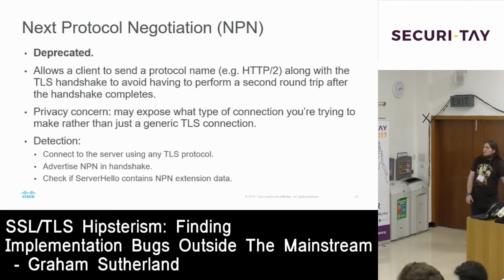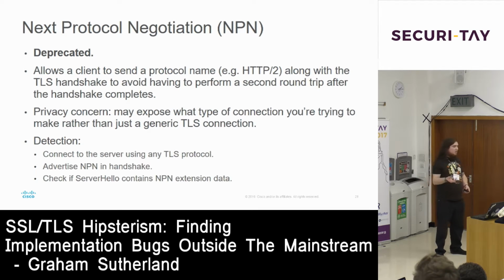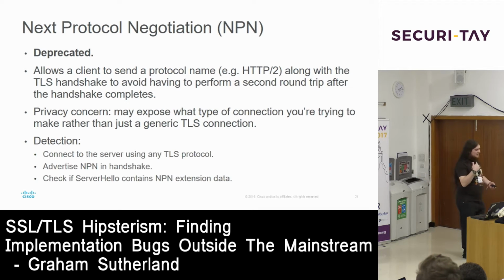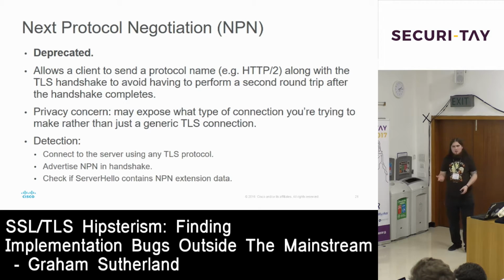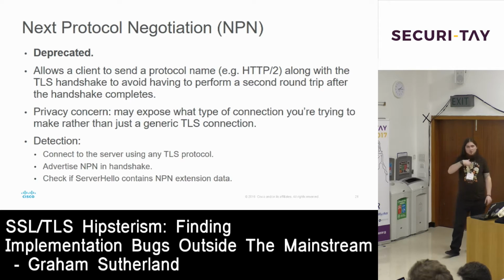But the idea is that, with the birth of HTTP 2, if you wanted to make a TLS connection, because the general rule is that all of HTTP 2 is over TLS anyway, you go to make a connection, so you do the client hello, you get the server hello back, you do your handshake, and then you start talking, and then you go, oh, by the way, I'd like to speak HTTP 2, and then it goes, oh, great, now you've got to drop that connection, create a new connection over HTTP 2, and then you've got to do another round trip.